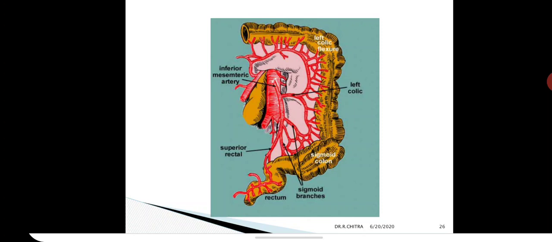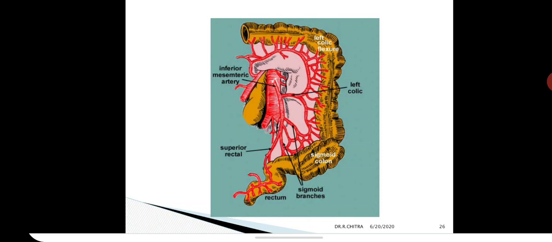In this image it terminates as the superior rectal artery, crossing the common iliac artery and left ureter. The other branches are the left colic, divided into ascending and descending branches, and the sigmoid branches.